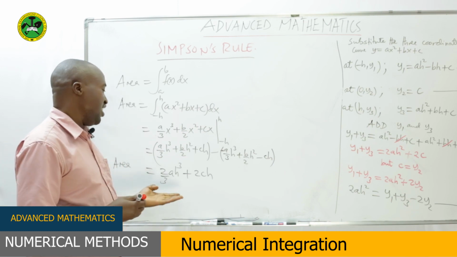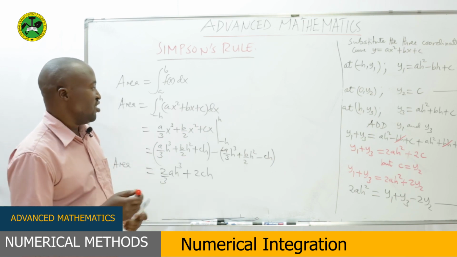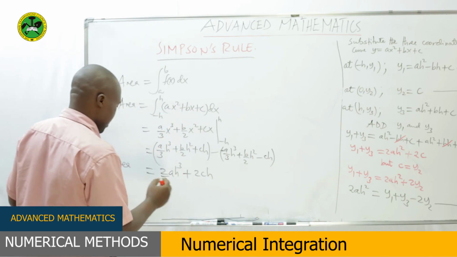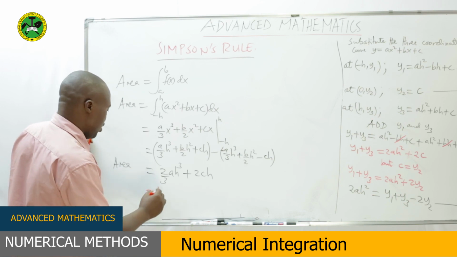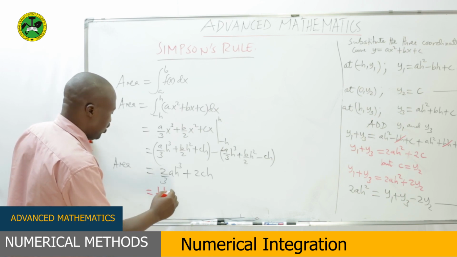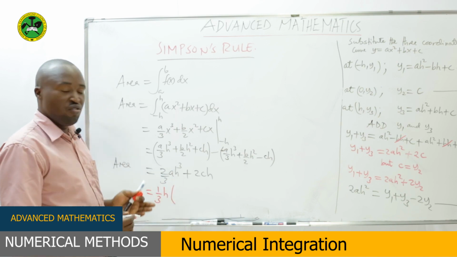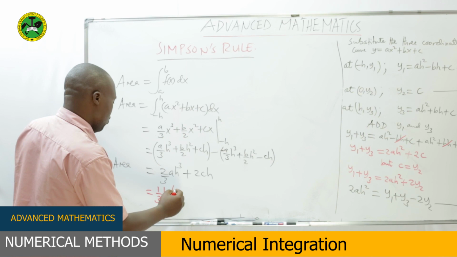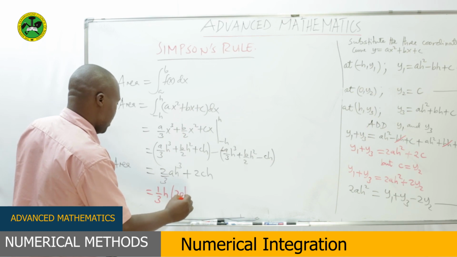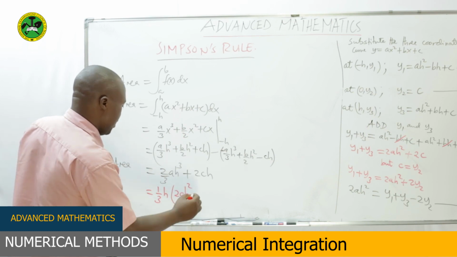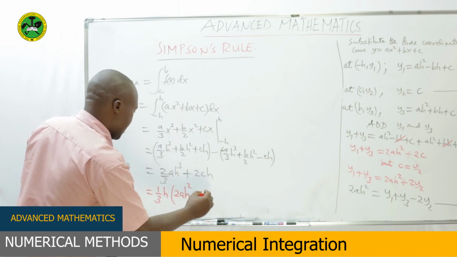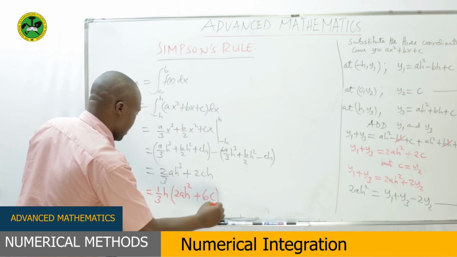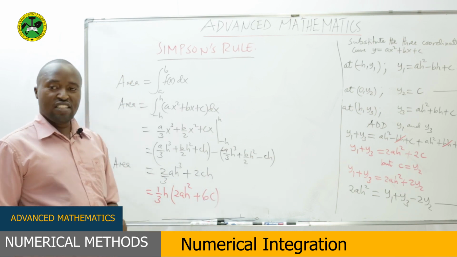But let us modify this area. So here we just say, on modification, we are going to have 1 over 3 h bracket of 2a h squared plus 6c. So that is our area.